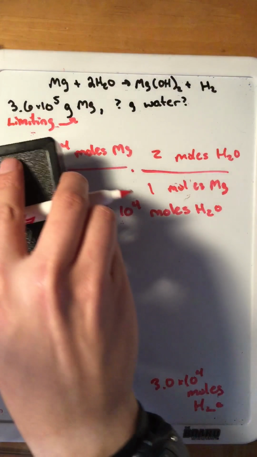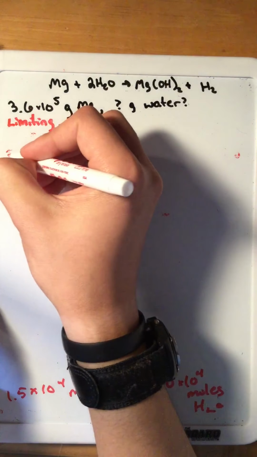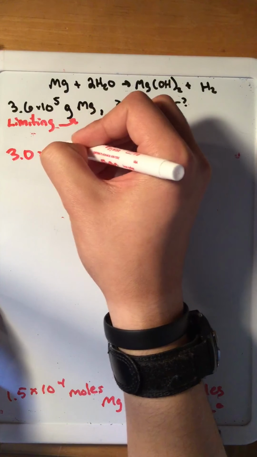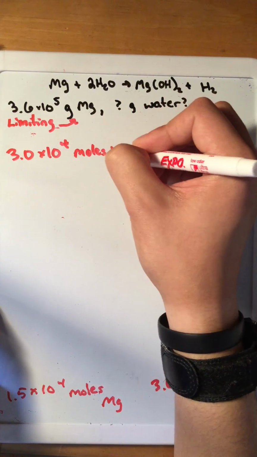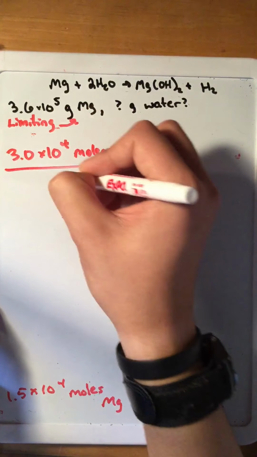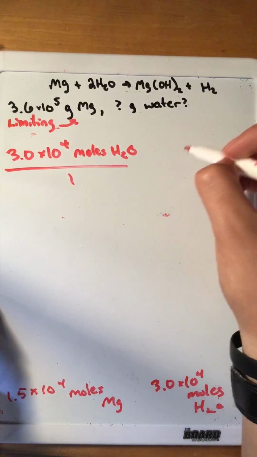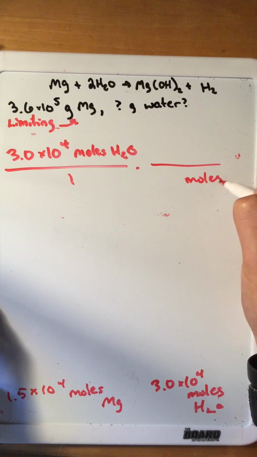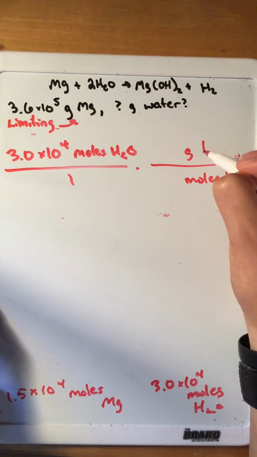All right, final step. We go from 3.0 times 10 to the 4th moles H2O. And remember, our last step is to go from moles of the second substance back up to grams. So we're canceling out moles H2O, and we're going to grams H2O.